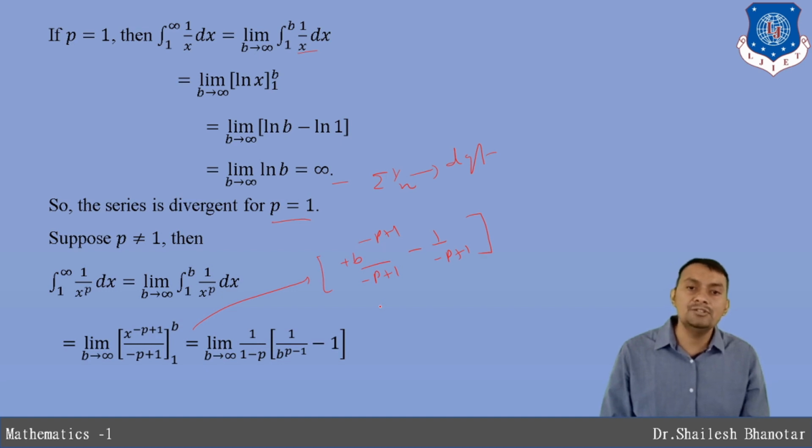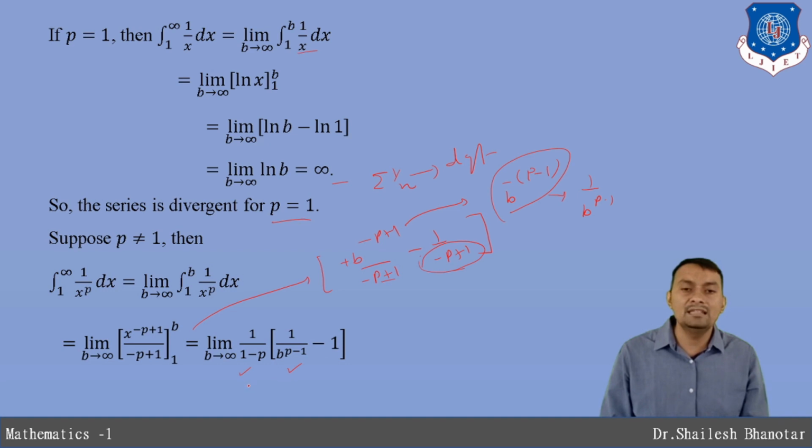But here you can see that both terms contain this one quantity as a common factor. So I write 1 divided by 1 minus p. Again, this can be written with the power as minus (p minus 1), so these can be written as 1 divided by b raised to p minus 1, and a minus 1 will be there because I have just taken it as a common quantity.